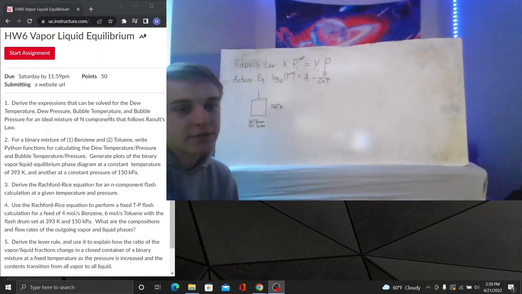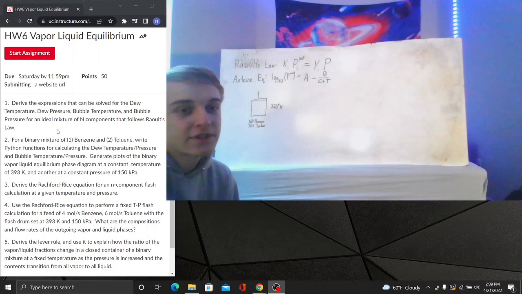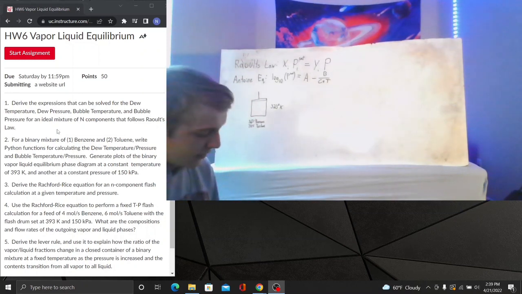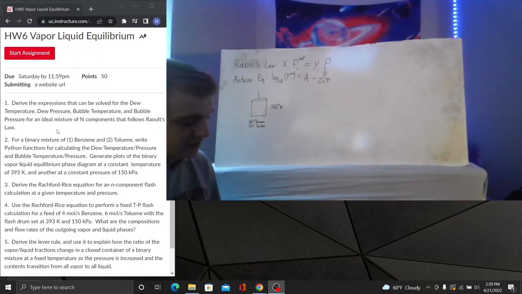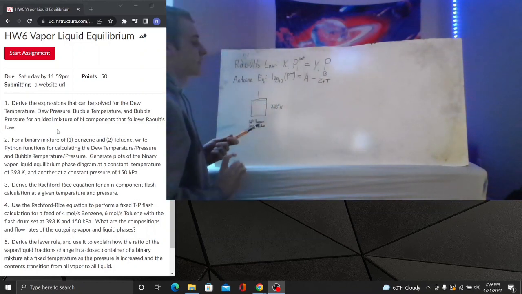So the first of these that we are going to go after is going to be our bubble pressure, which is the pressure at which the first bubble of gas is formed at a certain temperature for a liquid mixture. So in order to get an equation for this, we're going to go back to this diagram.